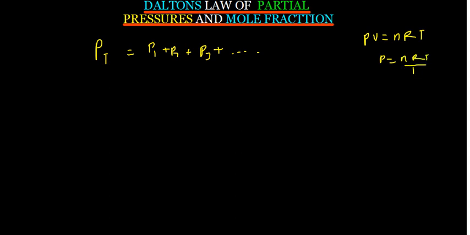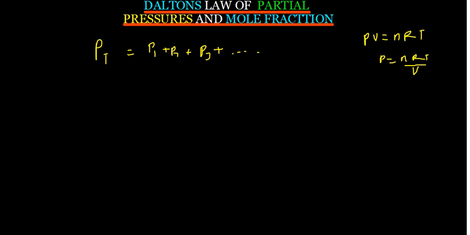And so the total pressure, P total, is going to be pressure 1 plus pressure 2 plus pressure 3, and so on. This is Dalton's law of partial pressures. Now we also know from the ideal gas law that pressure times volume is equal to nRT, meaning that pressure is nRT divided by volume.